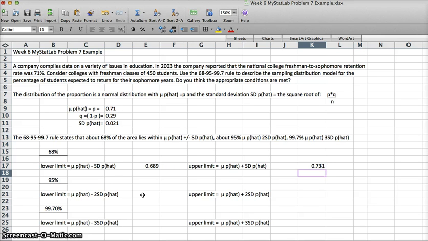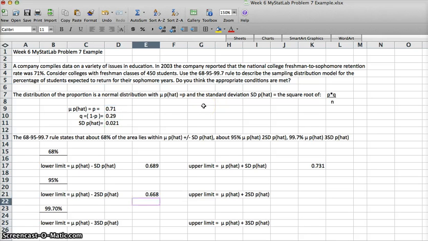Now let's go ahead and go to our 95%. Now we need 2 standard deviations. So we'll say equals P minus, for the lower limit, but now we need to say 2 times that standard deviation.